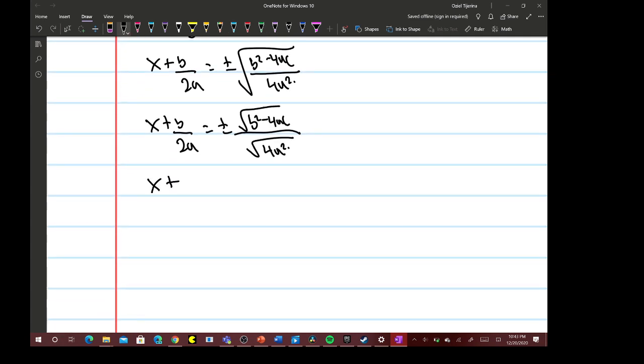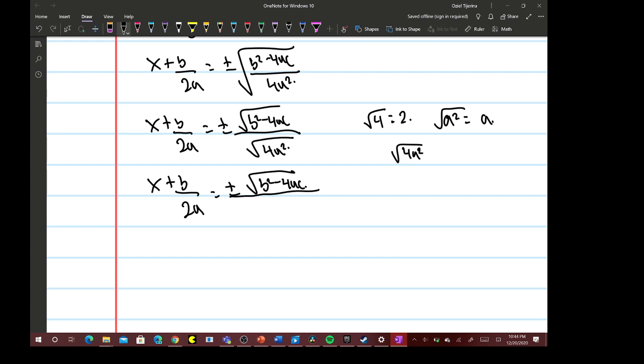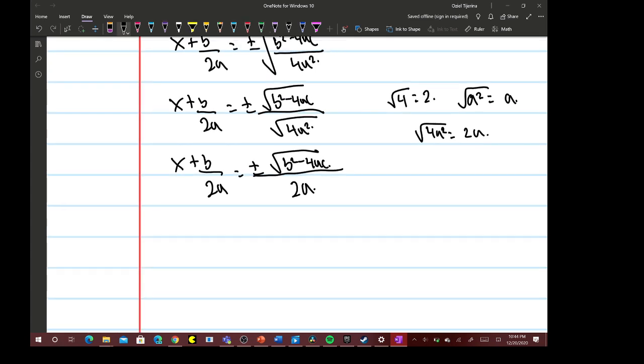We know that the square root of 4 is 2, and we already have the plus or minus, so we don't need it again. The square root of a squared is just a, so the square root of 4a squared equals 2a. So we have 2a over here.